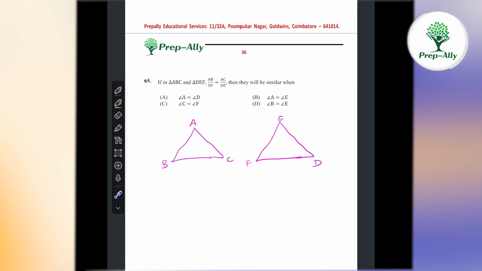So they will be similar when the angle between them is equal. So angle A equals angle E. So that's option B.